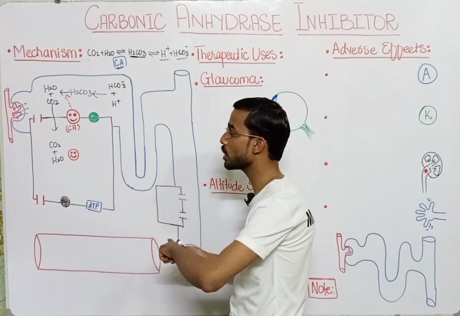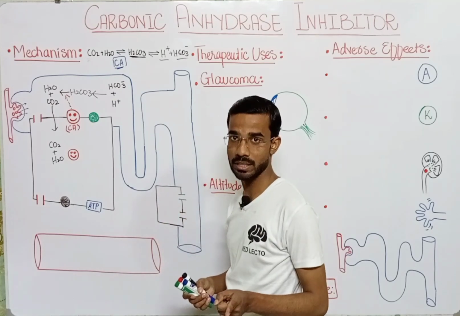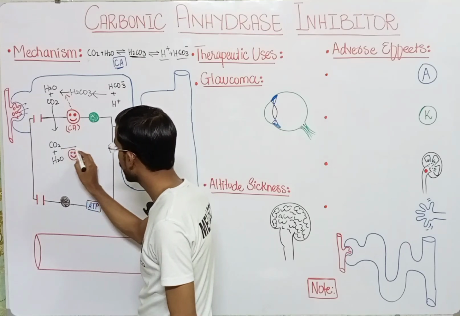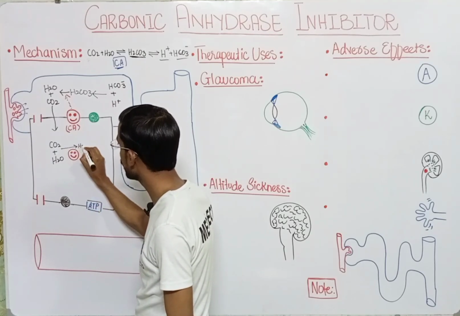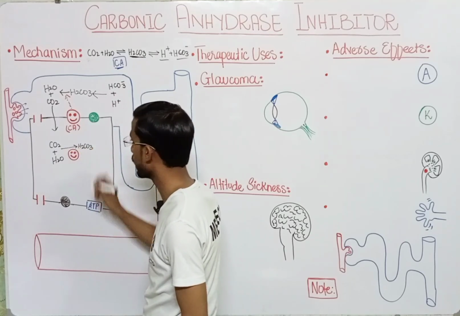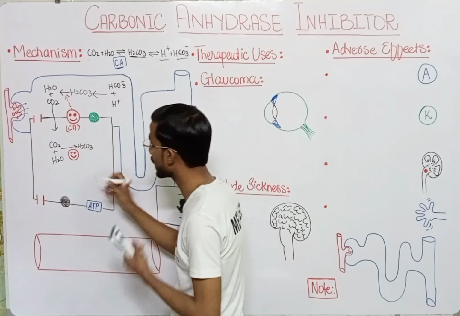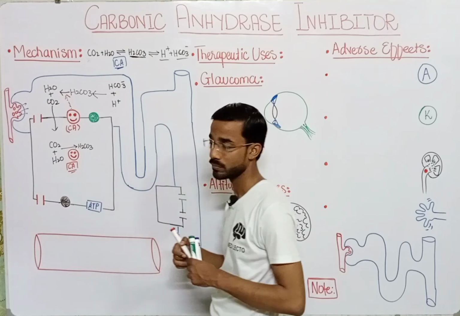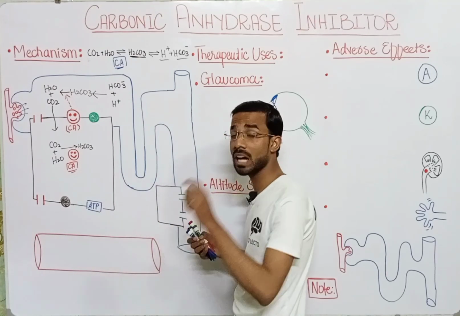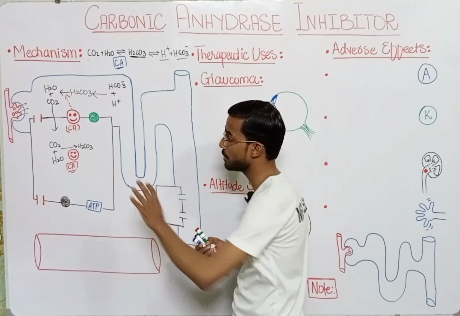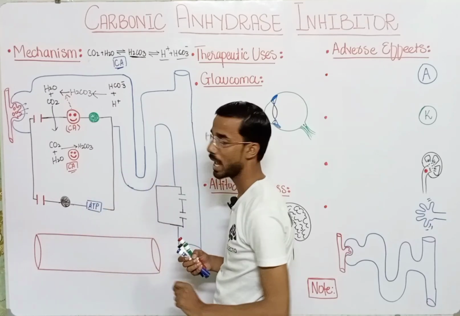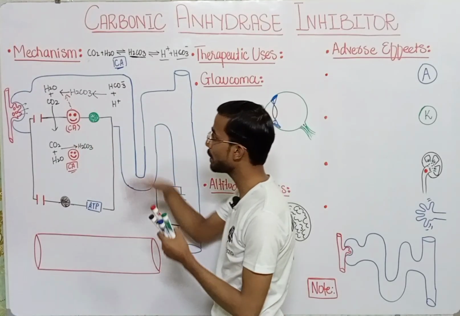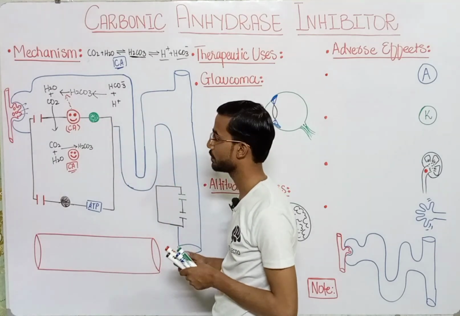Now you again require the carbonic anhydrase enzyme in that situation, so they form H2CO3 again with its help. The carbonic anhydrase enzyme is present in the cytoplasm and on the membrane at the apical side of the cell.